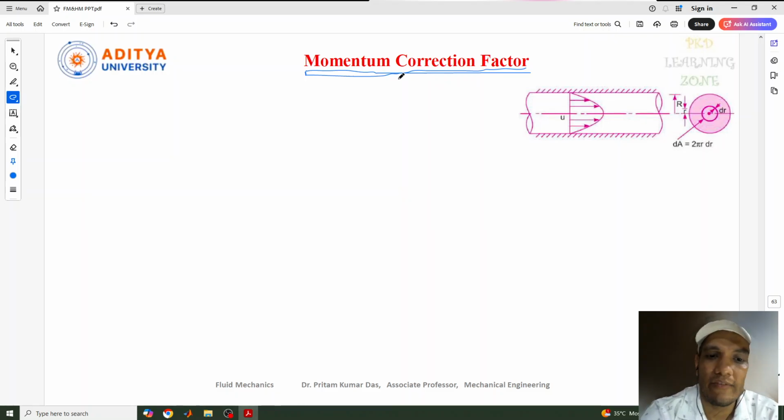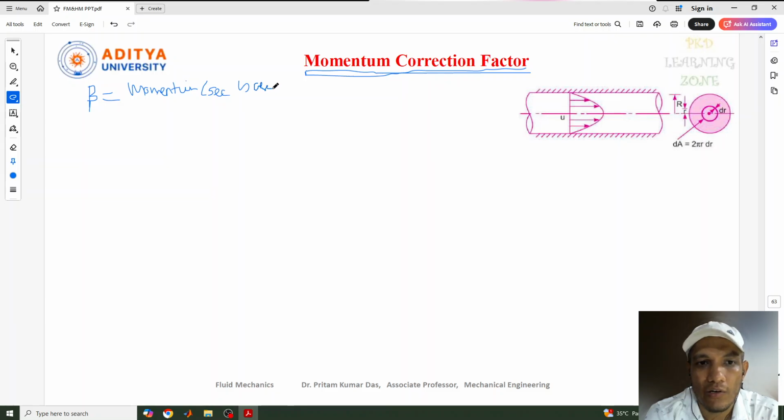This momentum correction factor is denoted by beta. Alpha was denoted for the kinetic energy correction factor, and beta is denoted for the momentum correction factor. So beta equals the momentum per second based on the actual velocity.